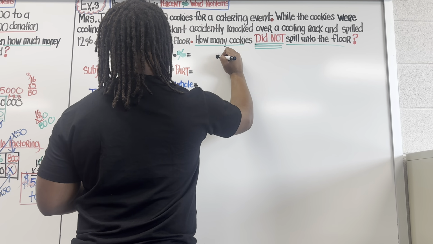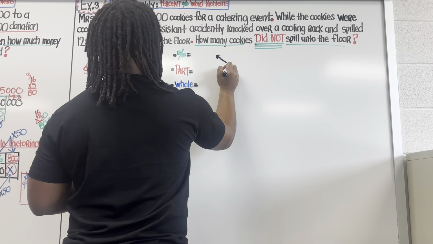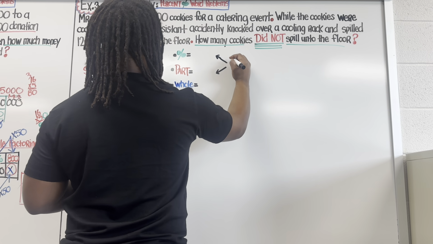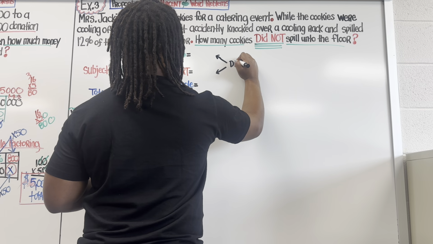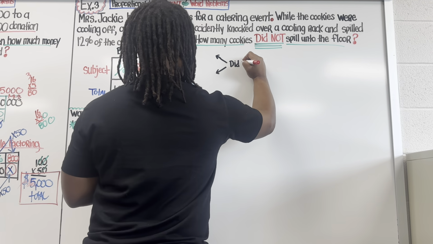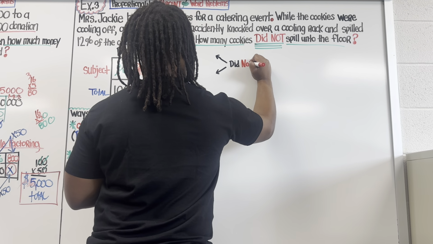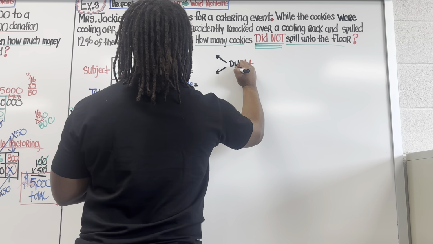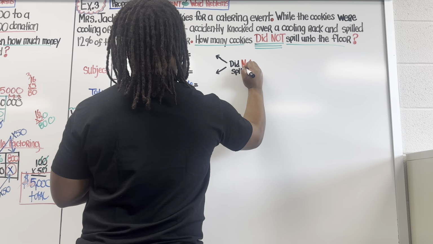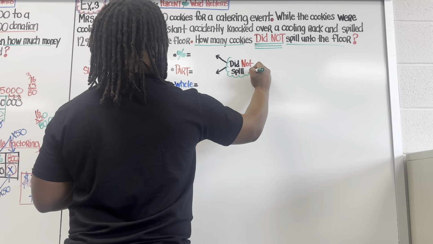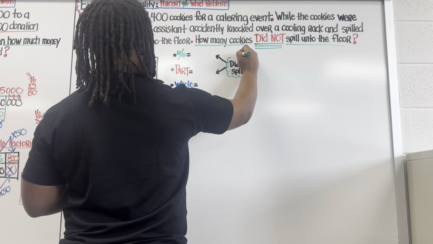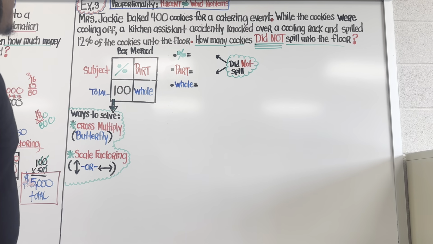So for percent and part, it represents the cookies that did not spill, okay? That's what the percent and the part is going to represent. They're going to represent the cookies that did not spill onto the floor, right?